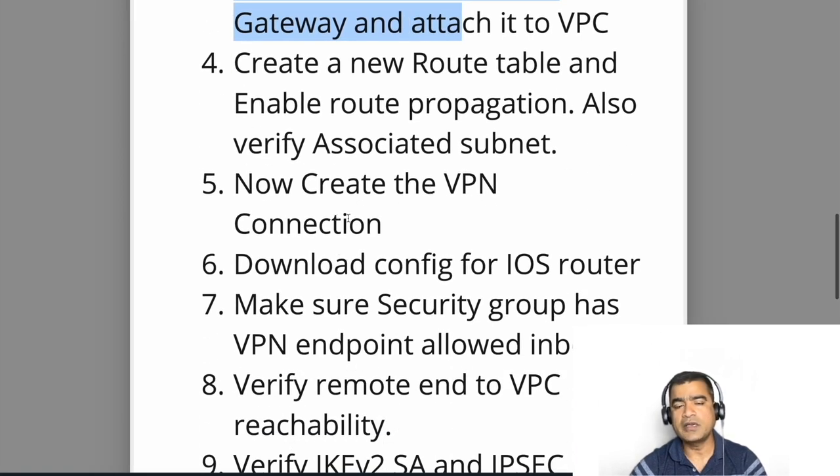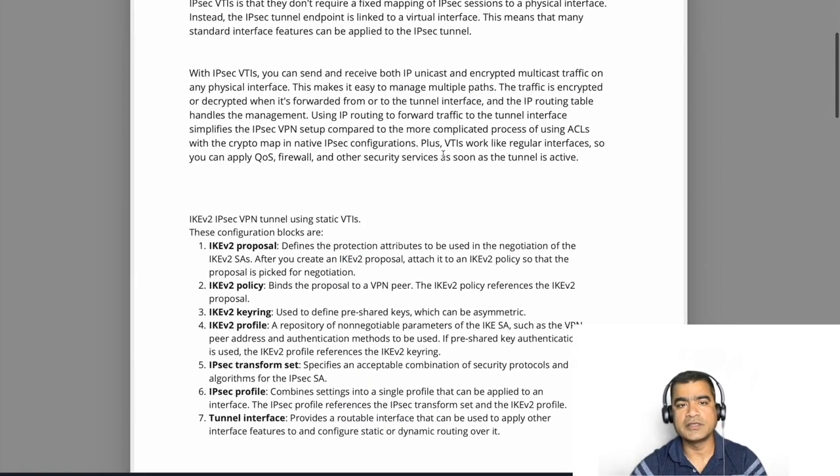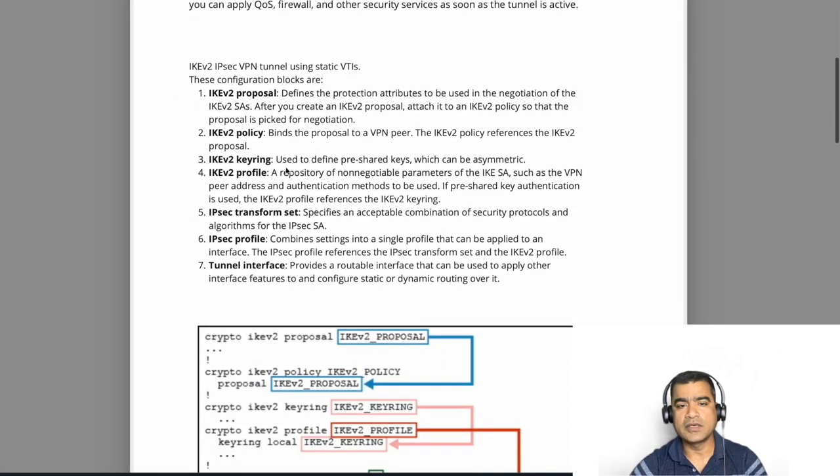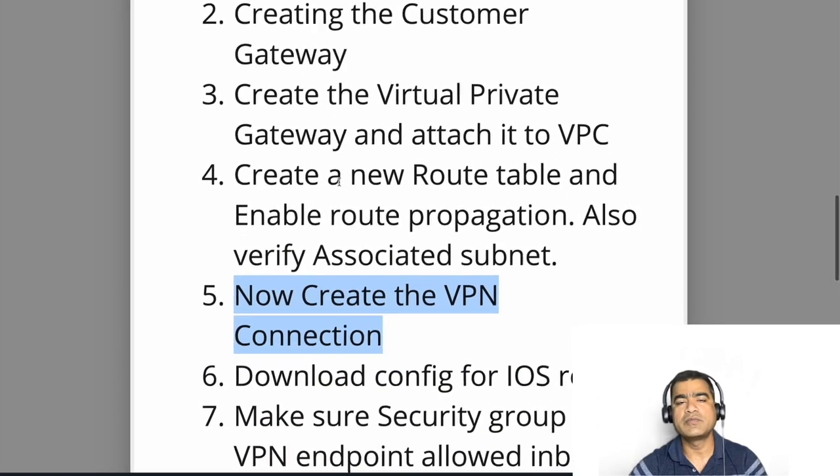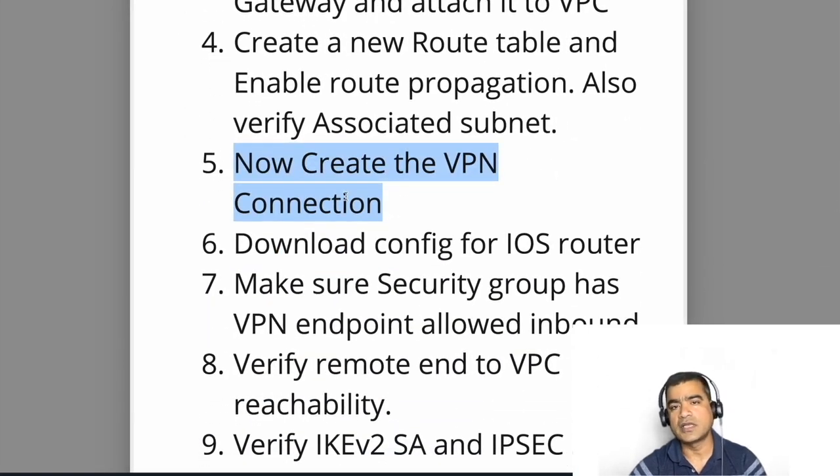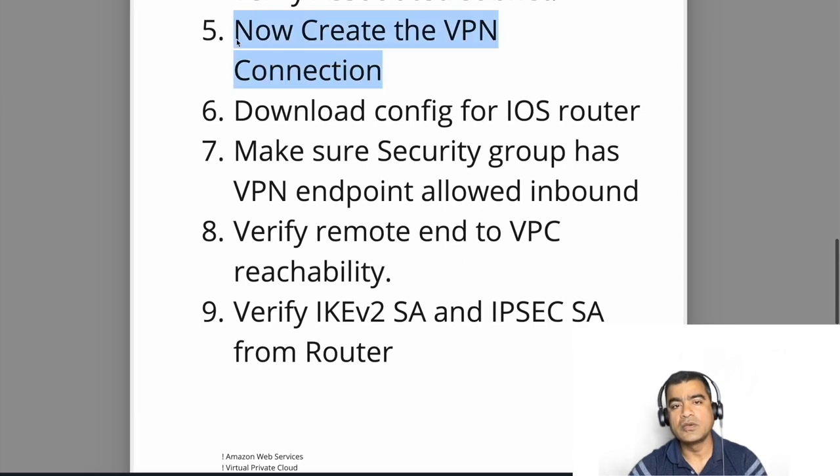This is the main part where you are actually doing all these things: proposal, policy, keyring, profile, and all these things you can do in step 5. And AWS makes it really easy for us to select, or maybe you can live with the default options, and it's very easy to create. Then once you have created the VPN, AWS goes the extra mile and provides you an option to download config based on whatever on-prem device or customer gateway you are using, whether you are using ASA or a router or a Checkpoint firewall, whatnot.